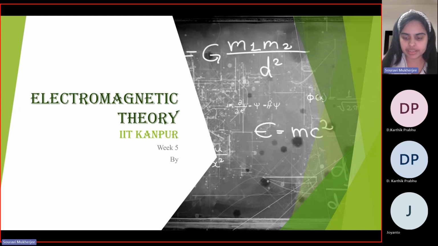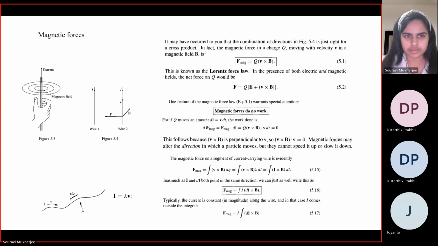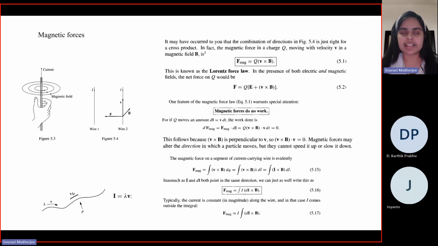So if you remember, in the last class, we did discuss this fact that just like static charges give us electric field, if we have steady currents, then that results in magnetic fields.